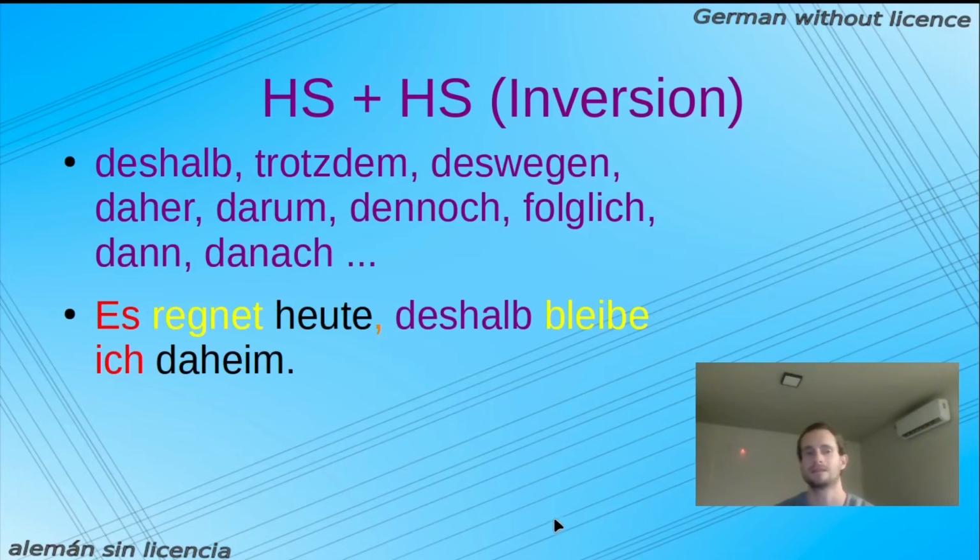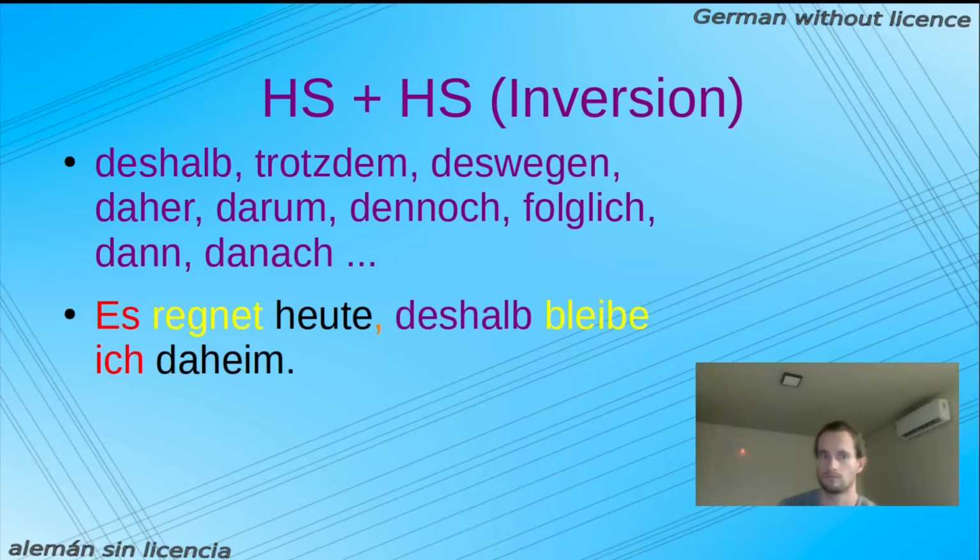In that case, we have the two major examples, most popular one. Deshalb, therefore, trotzdem, nevertheless. We have a lot of synonymous. So deswegen, daher, darum are all therefore. They are all the same like deshalb, okay? Have the same meaning like deshalb. Dennoch would be the same like trotzdem, means as well, nevertheless, okay?